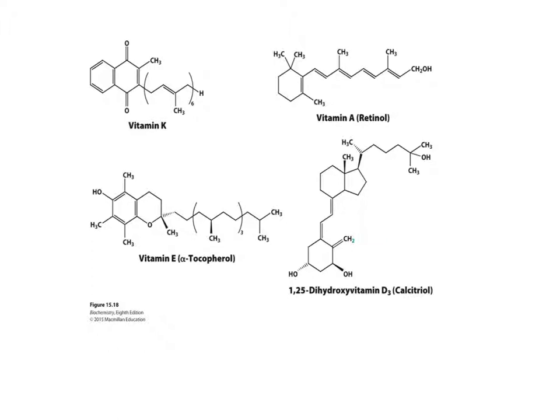So again, the take home from this portion of the lecture is the idea of having activated carriers: activated carriers for fuel oxidation, activated carriers for reductive biosynthesis, and activated carriers that will carry carbon fragments, and all of these are important processes in metabolism.